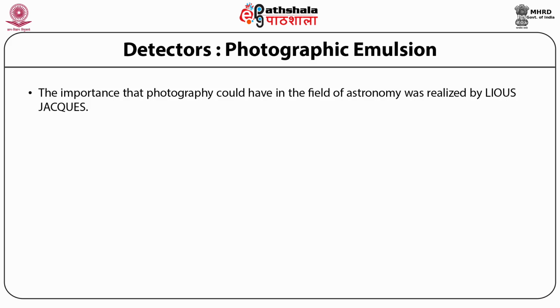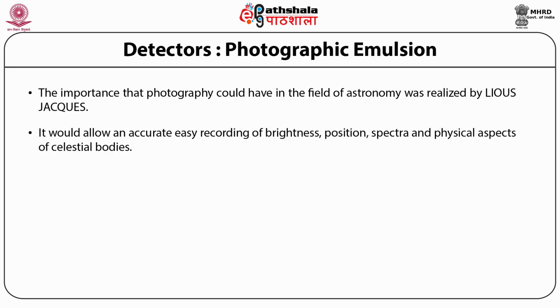The importance that photography could have in the field of astronomy was realized by Louis Jacques. It would allow an accurate, easy recording of brightness, position, spectra, and physical aspects of celestial bodies. However, the early photographic plates weren't sensitive enough to image faint objects.